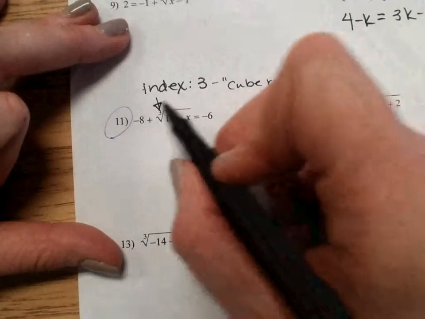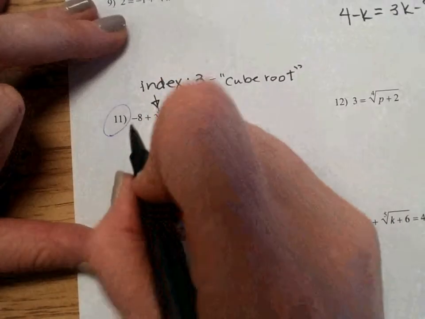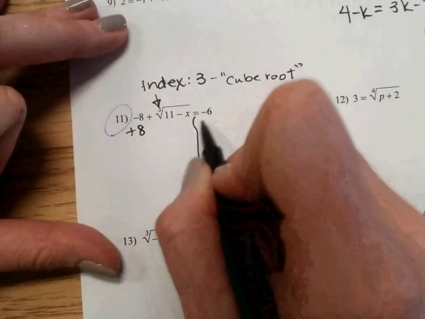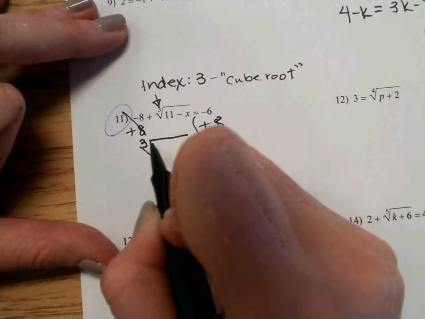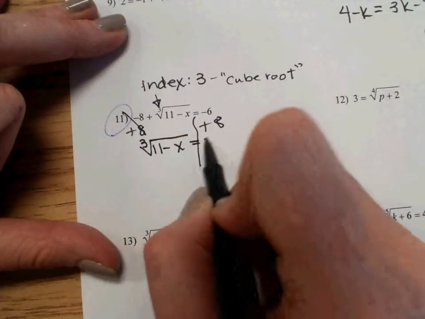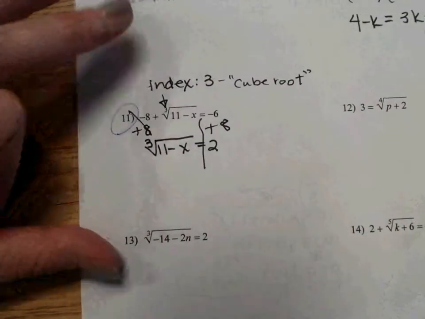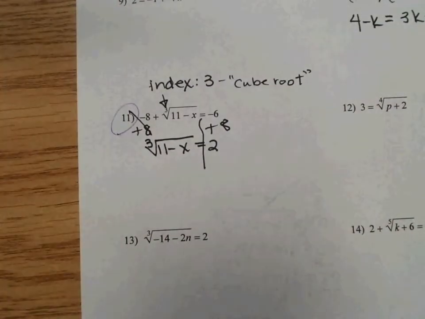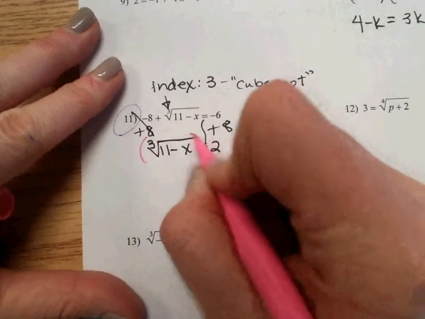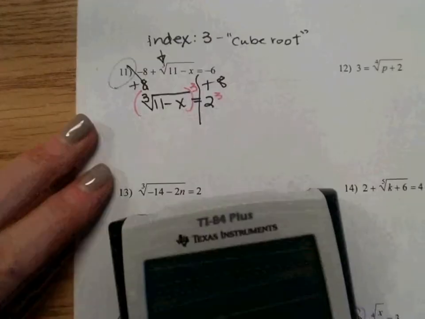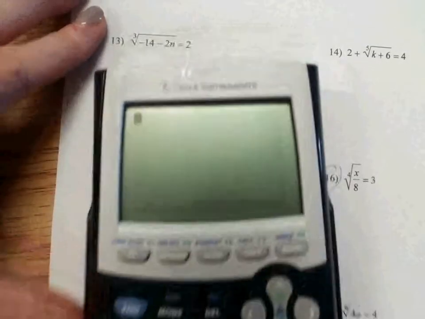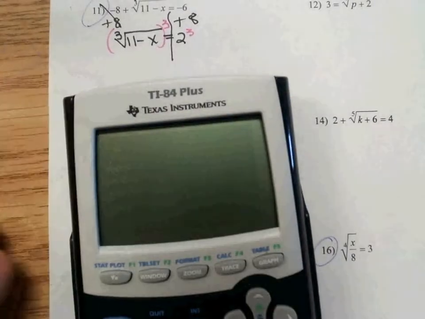But first we need to get that radical expression by itself by adding 8 to both sides. Now I'm going to cube both sides. In your calculator, I'm going to do 2 cubed.